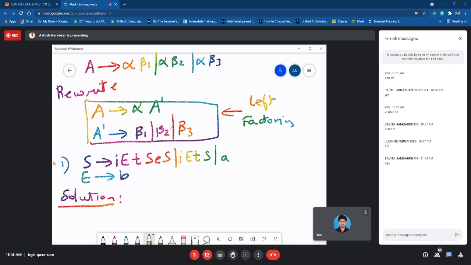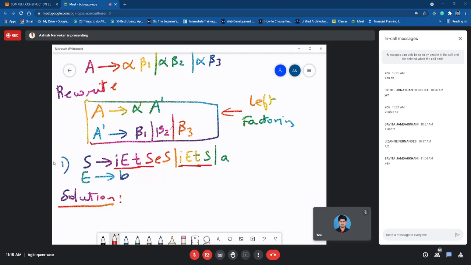The solution to this is that we first identify the longest common prefix. If you look at both these rules, you can see that i is common, E is common, and t is also common. Further ahead, I think S is also a common prefix.